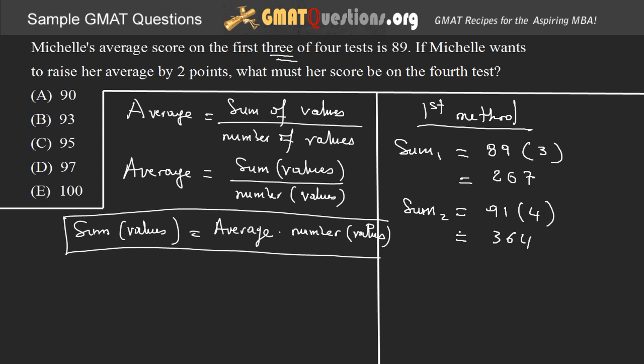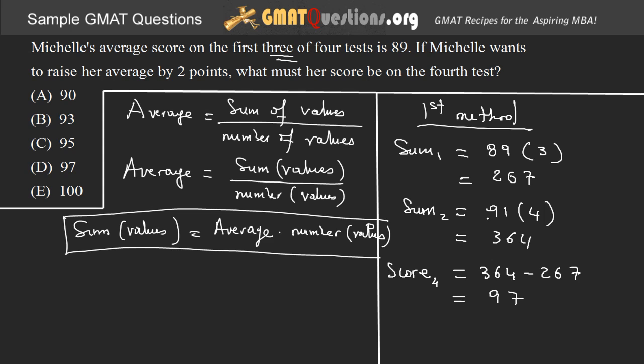It's as easy as that. So the score on the fourth test, score 4, is equal to 364 minus 267. If you do this, you can find that this is easily 97, and that is the answer. 97 will be the answer when you do it this way.